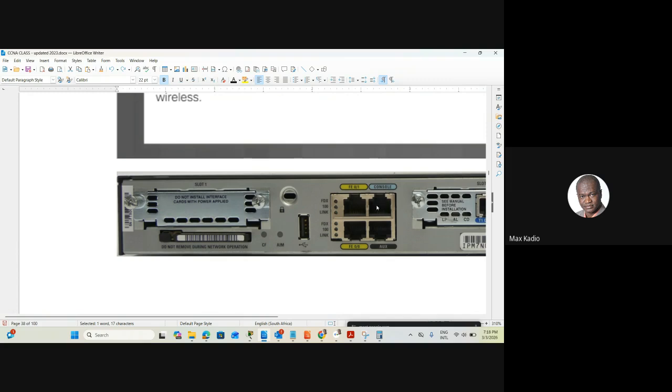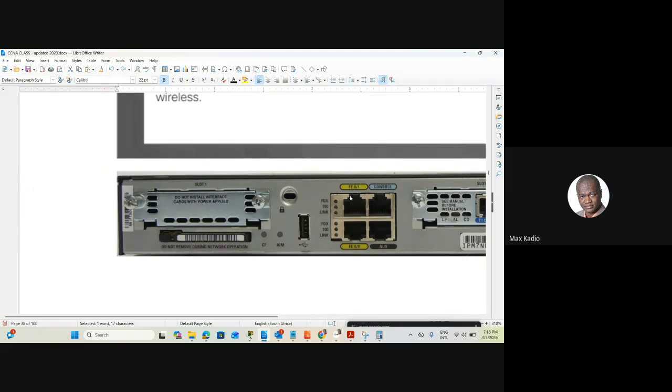Then you plug your console cable there. On your PC, you install the drivers of your console cable and you install Tera Term, the terminal emulator, and from there you can log on and do your configs. So two Saturdays ago, we did that.